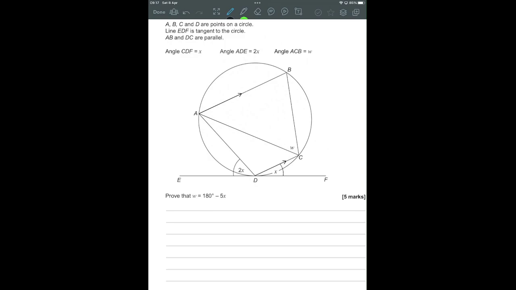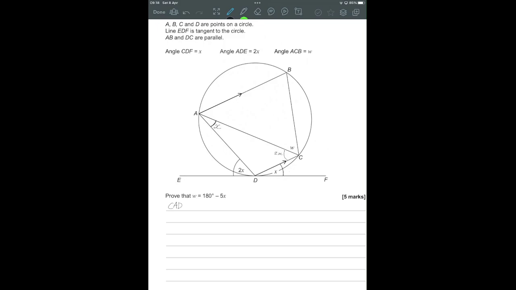So alternate segment theorem says if you've got a triangle hitting a tangent, then the opposite angle in the triangle matches the angle at the tangent. So that one is x and that one there is 2x. Well, let's write that down, tell the examiner exactly how we know that.